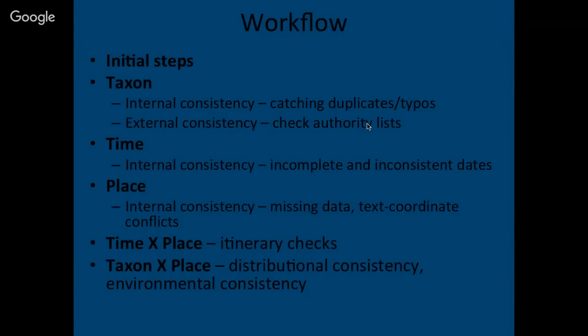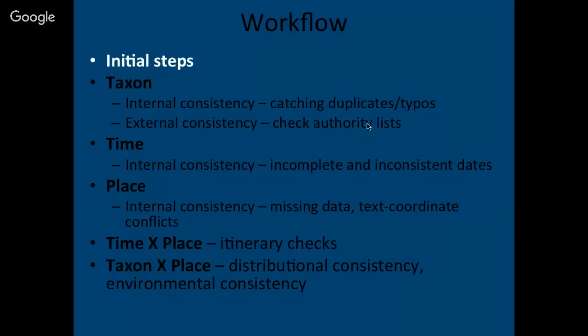So perhaps less than an absolute workflow, I just want to take you through some typical checks that really everybody should do on every data set that's going to be used. There are some initial steps, then we're going to look at taxon, place, and time, and then we're going to look at some cross-dimensional checks that we can do.